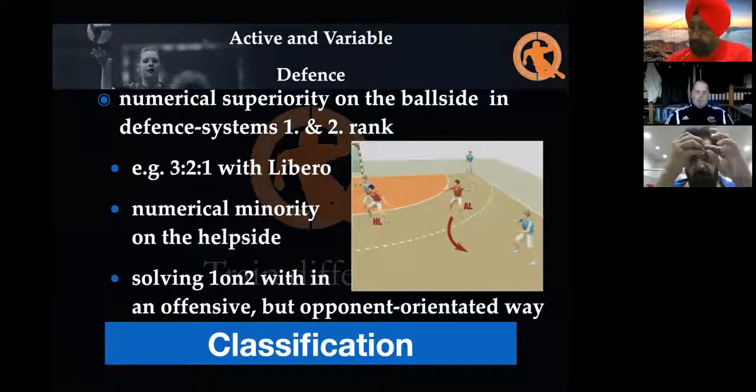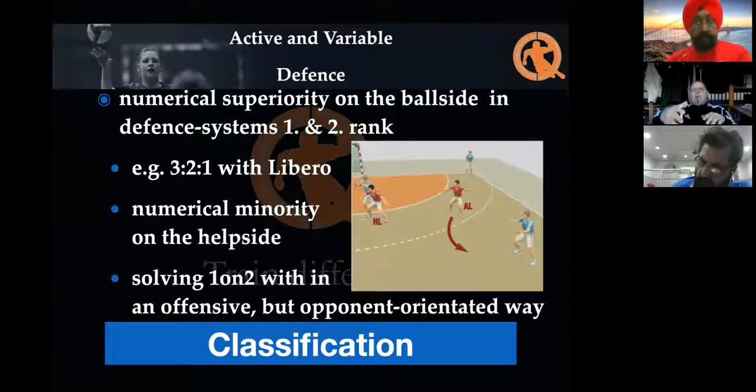And smaller space is always easier to defend for the players in defense. So if, for instance, in a defense system like 3-2-1 with libero, the center defender is always on the ball side. He's an additional player there, taking care, ready for the help. So he is the libero, the free player in the defense.